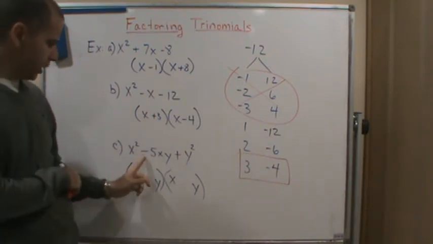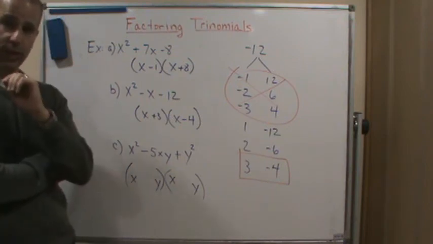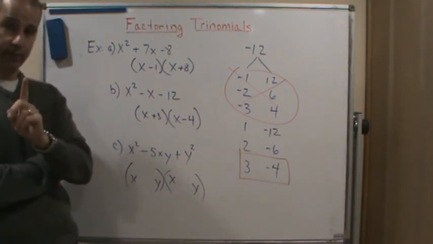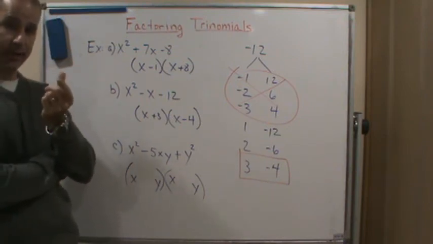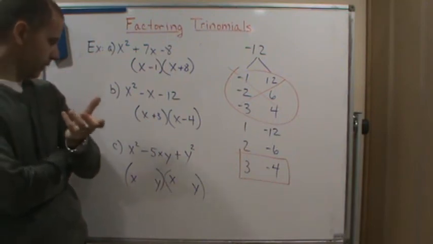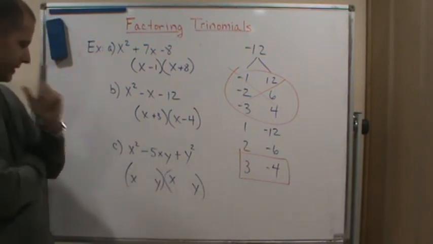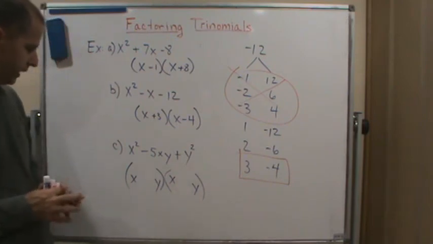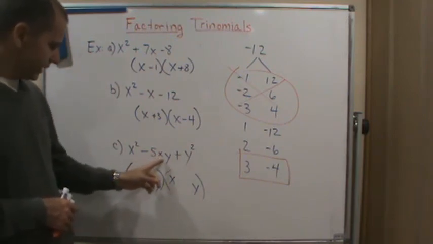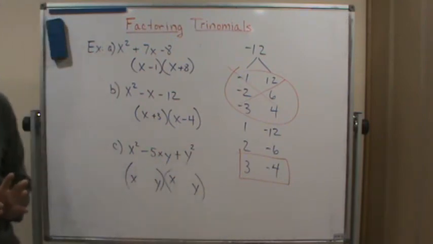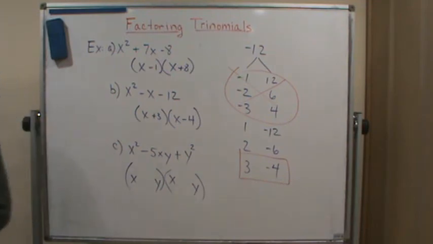Now, the middle term is negative, which tells me that both have to be negative, right? Because in order to add to a negative number, they both have to be negative. Notice that the cross multiplication gives me my xy, so that's not an issue. The issue is I've got to figure out what the middle term looks like, and that can be a bit challenging.